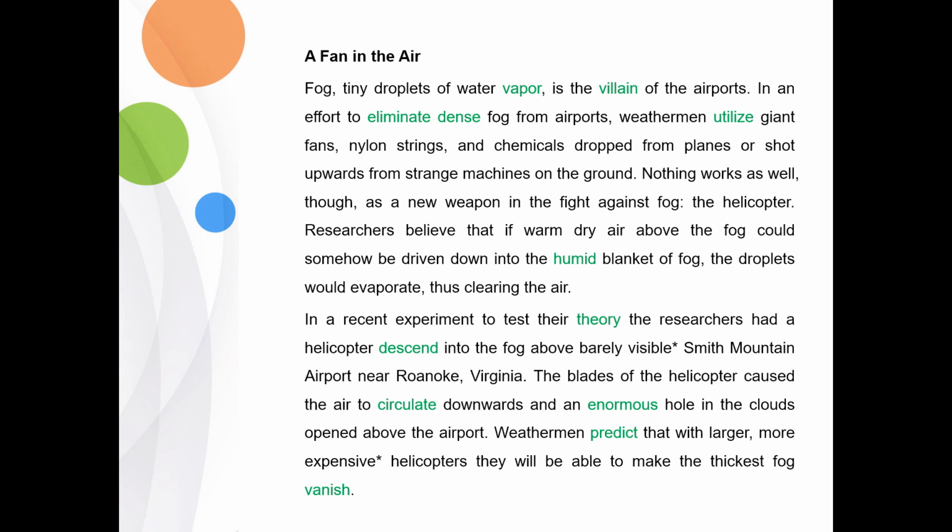The blades of the helicopter caused the air to circulate downwards, and an enormous hole in the clouds opened above the airport. Weathermen predict that with large, more expensive helicopters, they will be able to make the thickest fog vanish. Well, that's great.